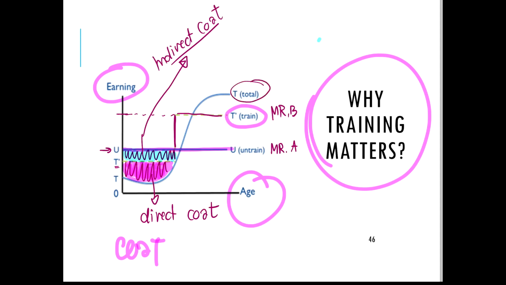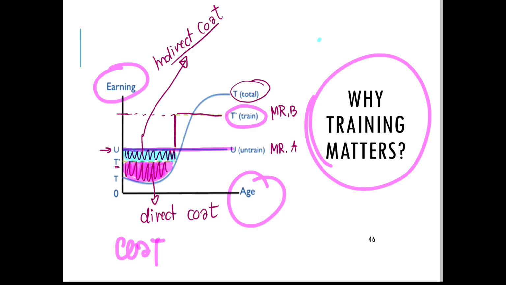So the curve of T total is the average of T prime and U, okay? So we can see the curve again for trained and untrained. In general, we have to develop ourselves, right?